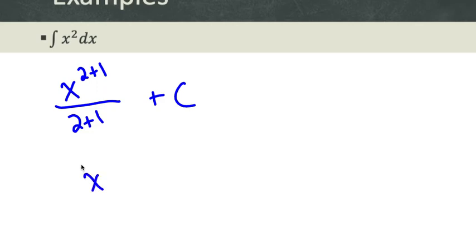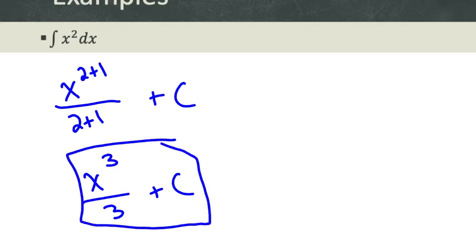So we're left with x to the third divided by 3 plus c. Now, how do you check that your work is correct? Well, you just take the derivative of this. If we take the derivative of this, we have to end up back here at x squared. So just keep that in mind. You know how to do derivatives, so take the derivative of this. You should end up with the answer up there, but there's your correct answer.